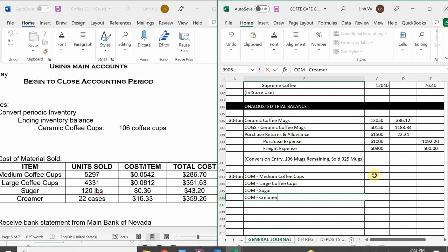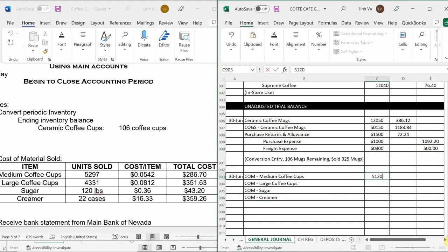Okay. 51,200, 51,250, 51,300, and 51,350. Okay. And then of course, when we do this, we're going to adjust our business supplies itself because we need to make sure that we got rid of the item.